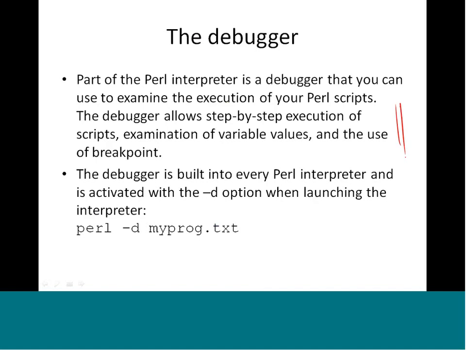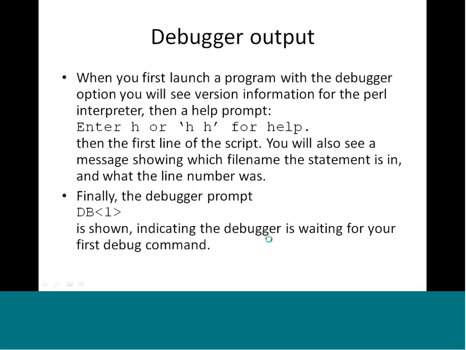These are all typical uses of a debugger, which is also available in Perl. The debugger is built into every Perl interpreter, and it is activated using the -d option when launching the interpreter. For example, perl -d myprogram.txt activates the debugger.